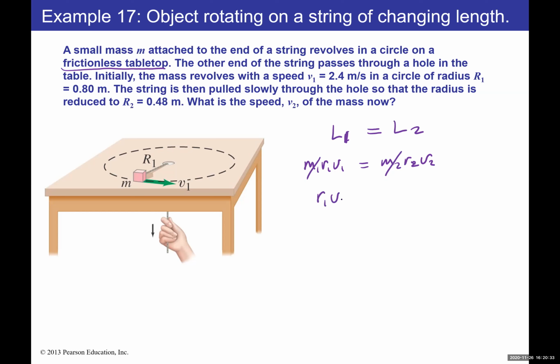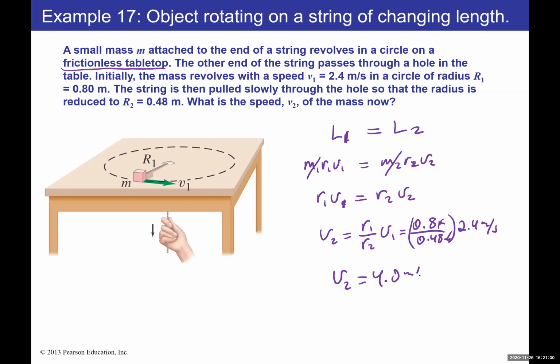So it becomes R1 V1 equals R2 V2. And I can solve for V2, which is R1 over R2 times V1. So this is 0.8 meters over 0.48 meters, times 2.4 meters per second. Let's cancel out. Then we get V2 as 4 meters per second.